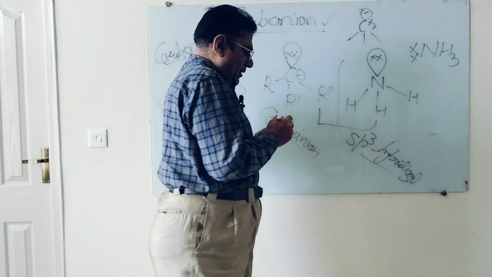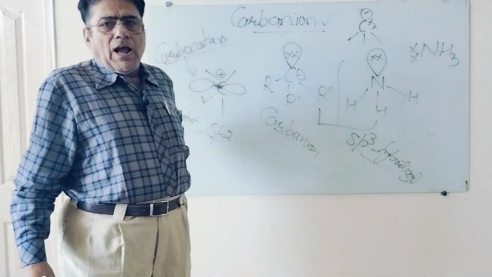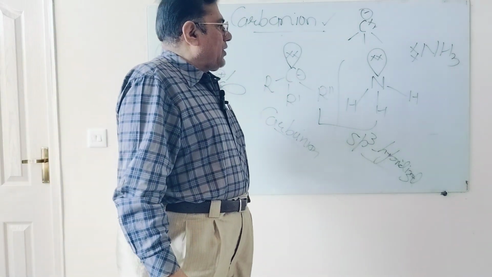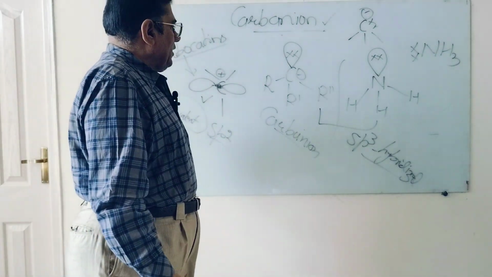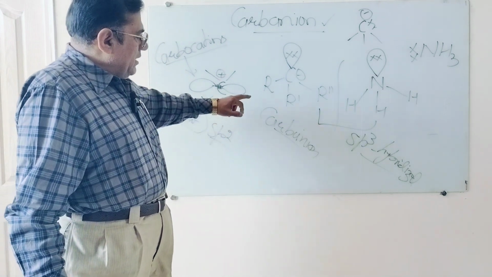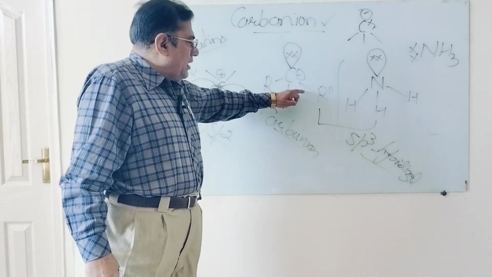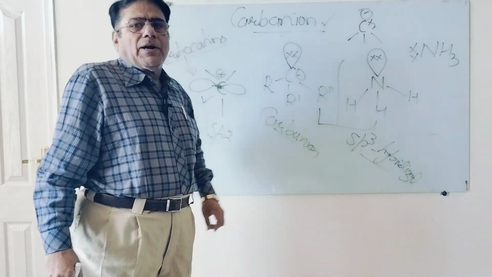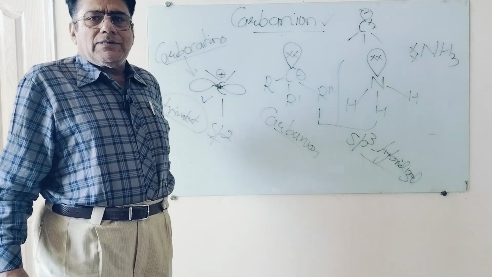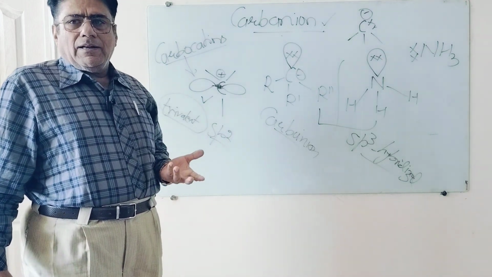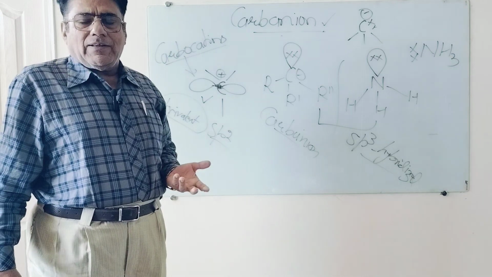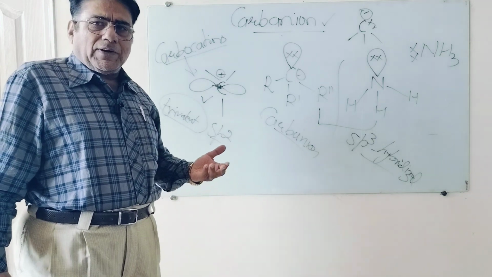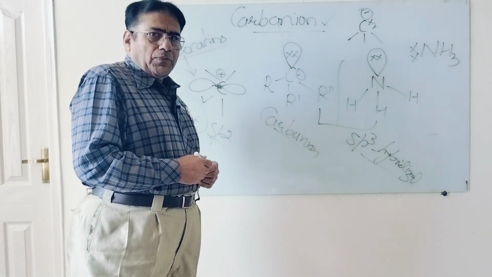I explained well that nitrogen is sp3 hybridized in ammonia, with three bond pairs and one lone pair. Similarly, in the carbanion, three bond pairs and one lone pair are there. It is sp3 hybridized. So carbanion is identical to ammonia in electronic as well as geometrical structure.